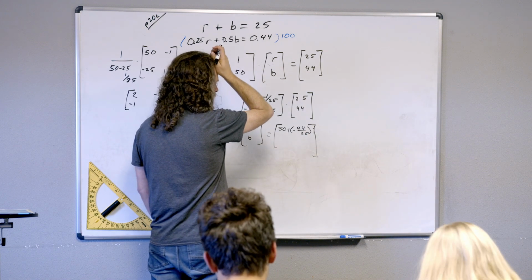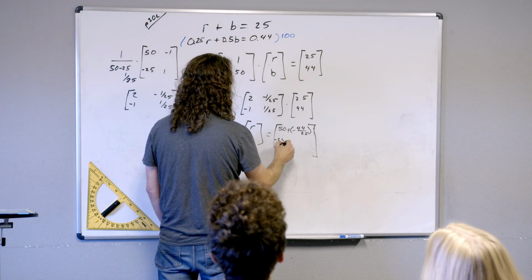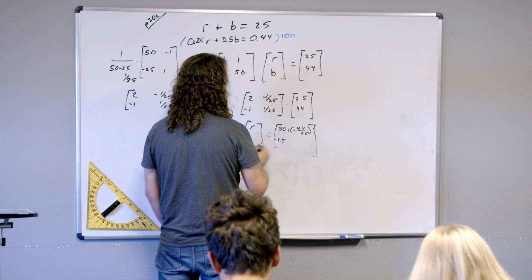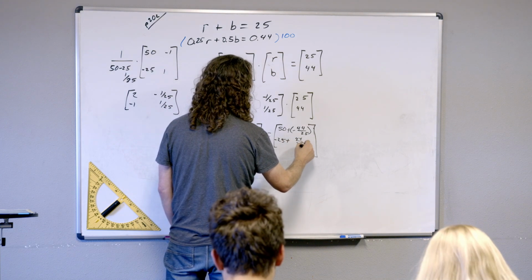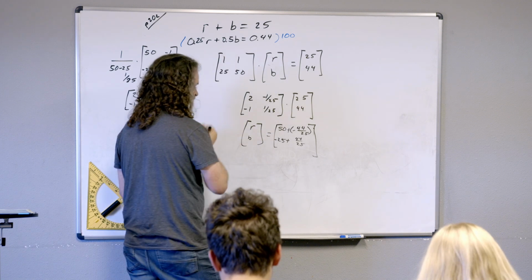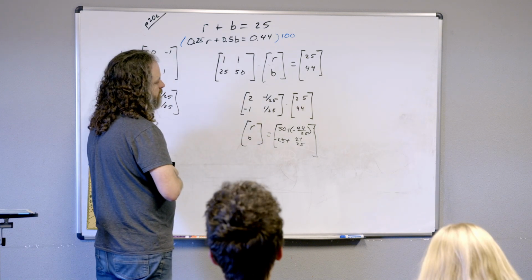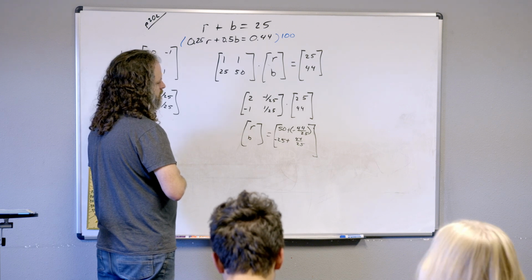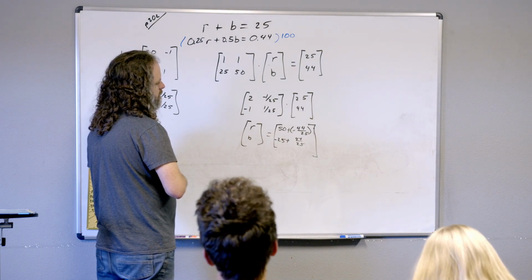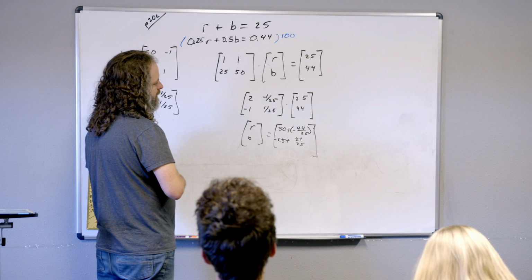I get a problem with it. And then negative 25 plus 44 25ths. And then you add those together and you get the answer.